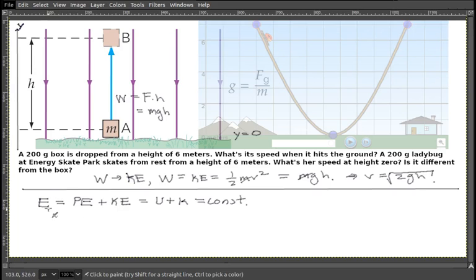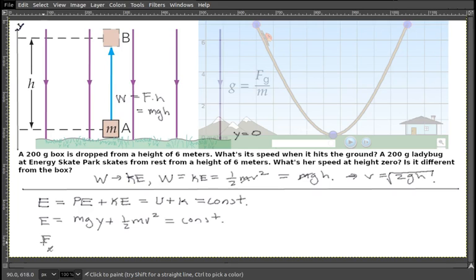So in that case, what would we say? Well, anywhere this has got to be true. So for this particular box, the potential energy will be mgy, where here I define y to be the height and 0 at the ground level down there, plus kinetic energy 1/2 mv squared is equal to a constant.